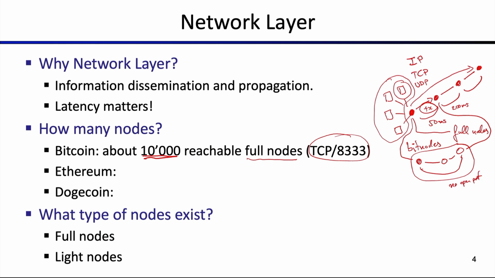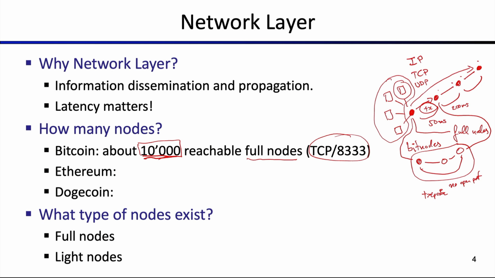For these nodes, there are some techniques that may infer that they exist. There's, for example, a paper called TxProbe that I can recommend you to read, which is quite cool. It's a cool technique to also infer the topology, like which node is connected to which node. There's a lot of work on the network layer of identifying who's connected to whom. But long talk, short conclusion: we just know that there is this number of publicly reachable nodes that you can look at.